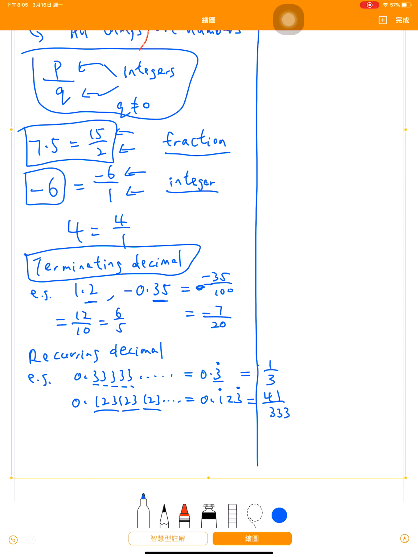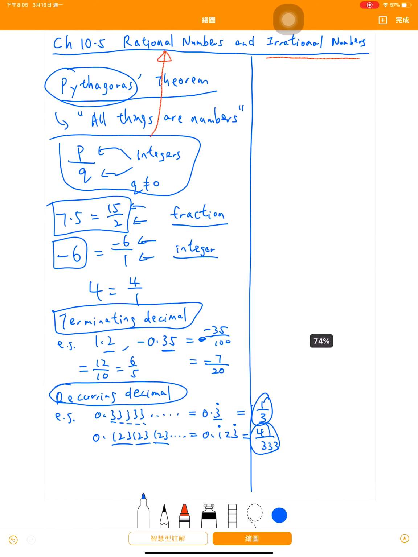How can you find this number? In fact, you will learn it in senior forms, about form 4. But if you are interested, you can Google it, or you can come and ask me directly. So we know that all recurring decimals are also rational numbers.